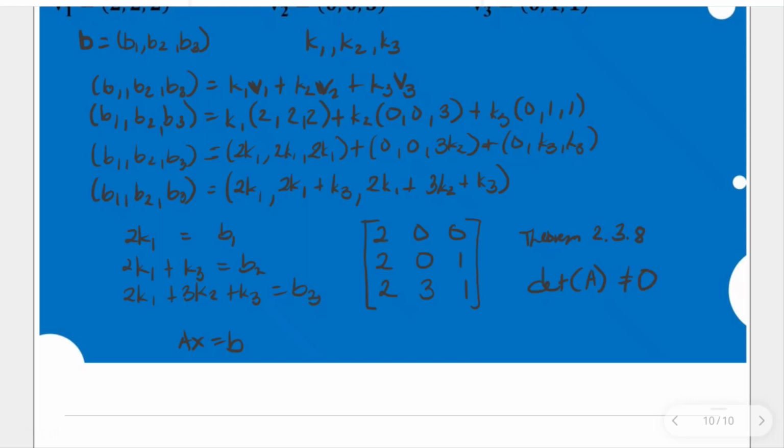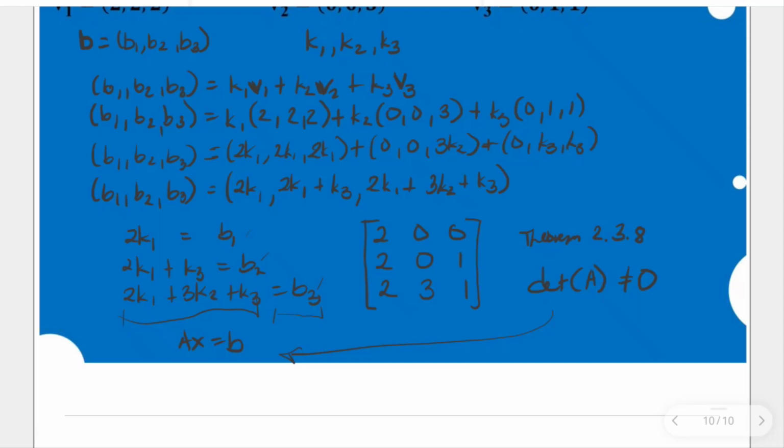So here we are not going to bother solving for b nor the values of k. Once we can establish that the determinant of this coefficient matrix is not equal to 0, it automatically tells us, according to theorem 2.3.8, that this system AX equals b is consistent and has exactly one solution.